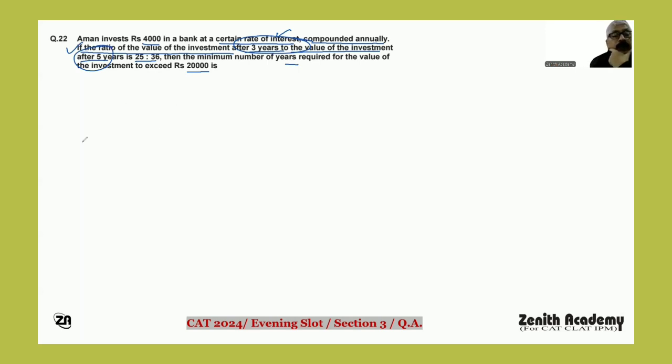It is a case of compound interest. So the formula you will use: A is equal to P times 1 plus R by 100, to the power n.